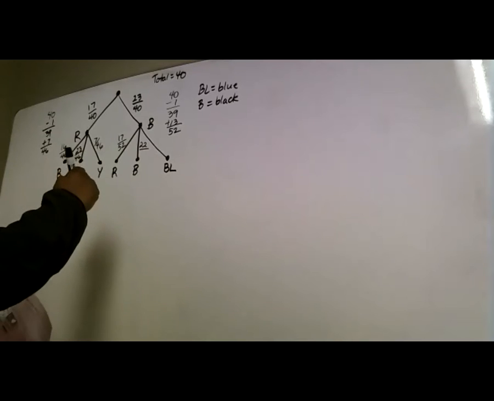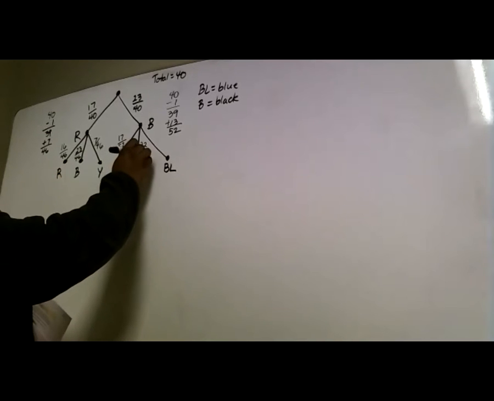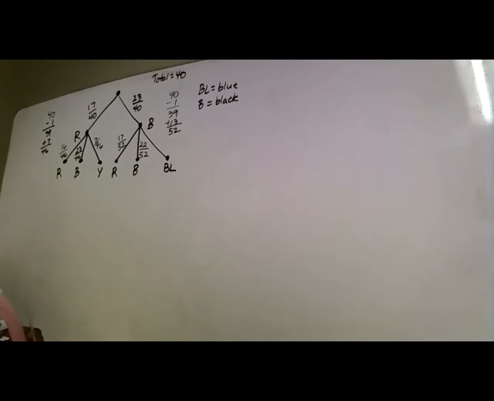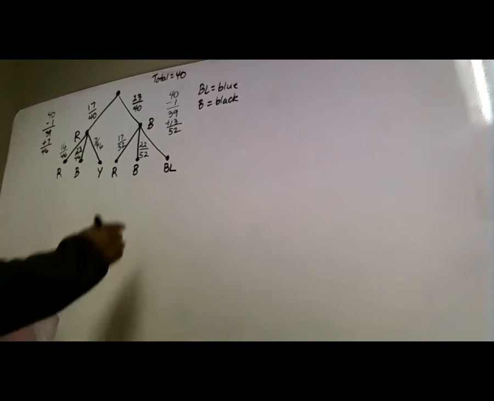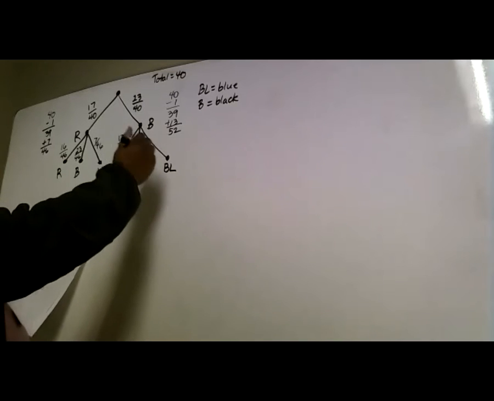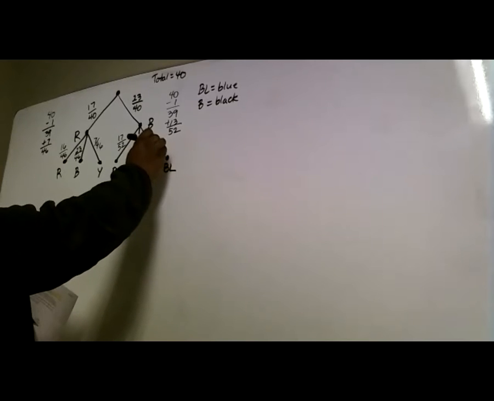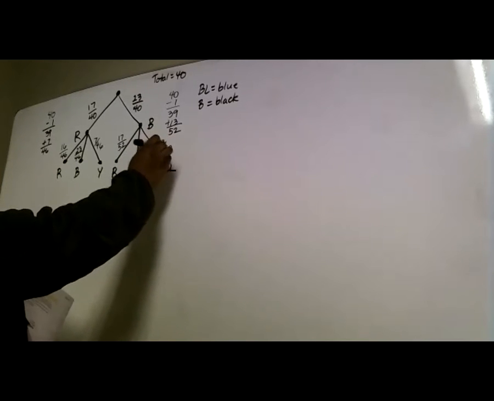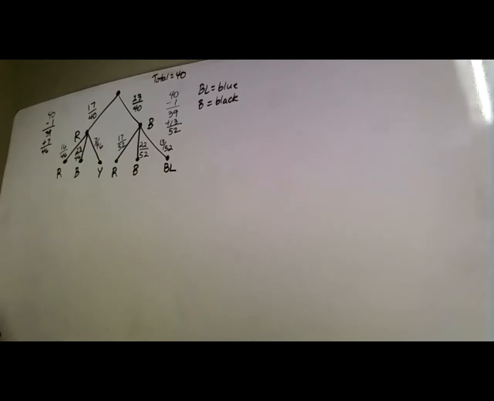So you're down to 22 out of 52. And then we added 13 blue marbles. So that probability would be 13 out of 52 for drawing a blue marble out of the jar. So that's our tree diagram.